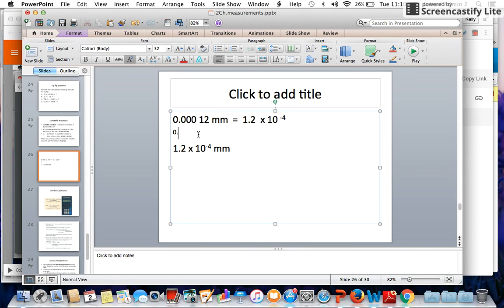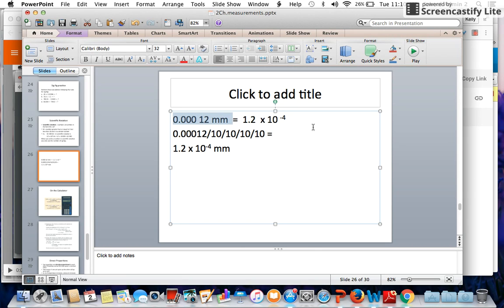So that would be 0.00012. And I'll use this fraction for the dividing symbol. Divide by 10, divide by 10, divide by 10, divide by 10. And that's really moving the decimal point to the left 4 spots. So if we move this decimal point to the left 4 spots, 1, 2, 3, 4, we get this original number.